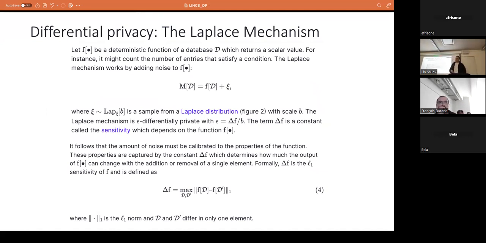The noise shouldn't be arbitrary. It should depend on the properties of the data, and particularly on the maximum distance between the deterministic responses applied to our two datasets that we want to make indistinguishable.